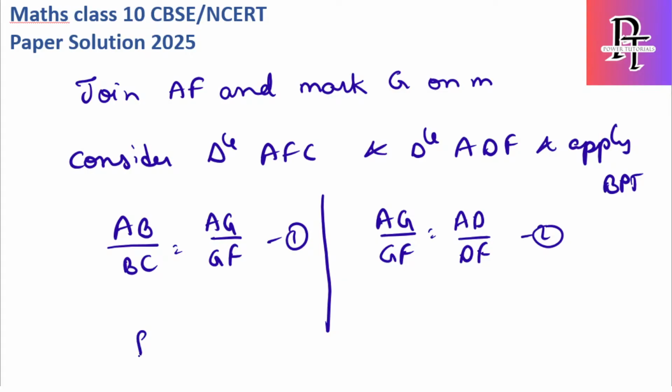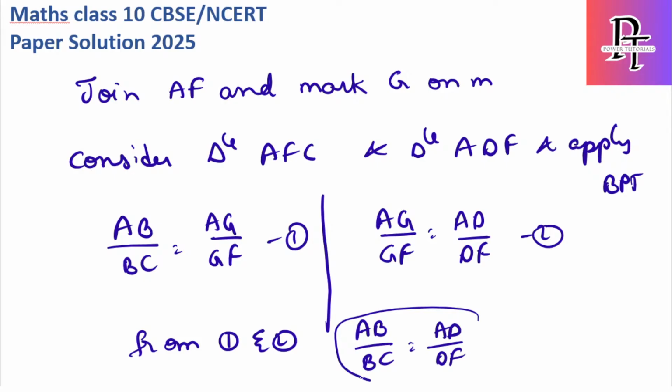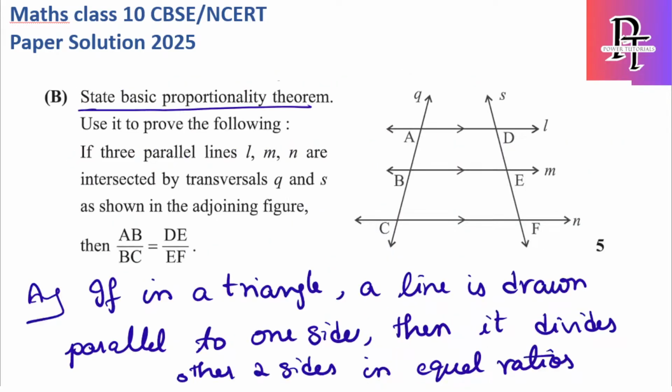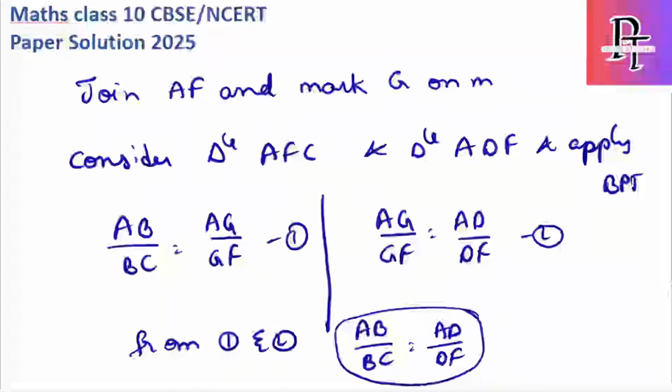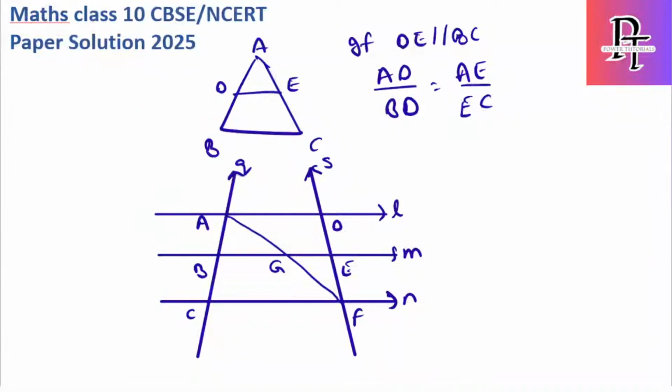So from 1 and 2, what will I get? AB by BC is equal to AD by DF, which they are asking in the question. Wait, I made a mistake. DE by EF, I think here I wrote it wrong.